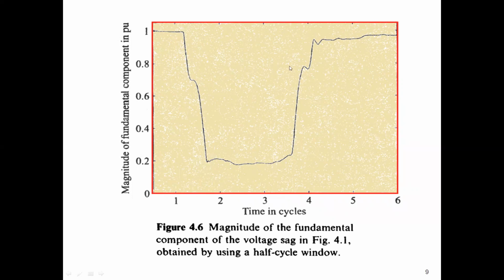After the fault is cleared and normalization is restored, it's not reaching 100%, it's only reaching 90%. Here, the time for the voltage to drop from 100% to 20% is much less when compared to the RMS voltage method.